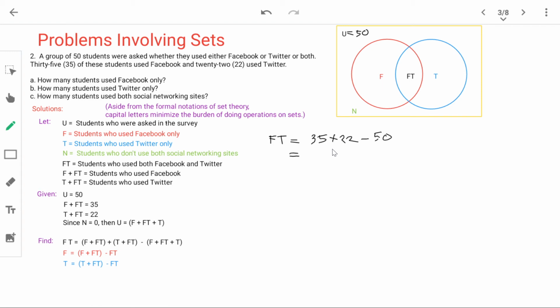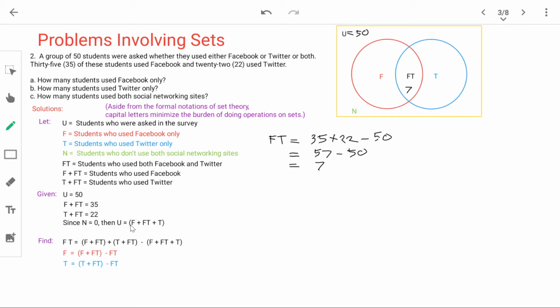This is equal to 57. Then minus 50. By subtraction, it becomes 7. So there are 7 students who use Facebook and Twitter at the same time.